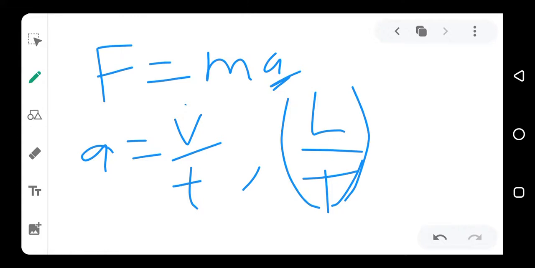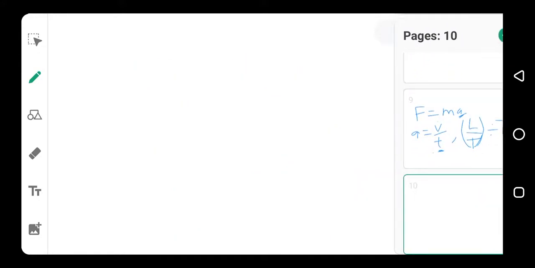And so we have that acceleration is equal to velocity, which is L over t, then over this t. So we put the symbol for the fundamental quantity here, capital T. So acceleration is L over t, all over t.